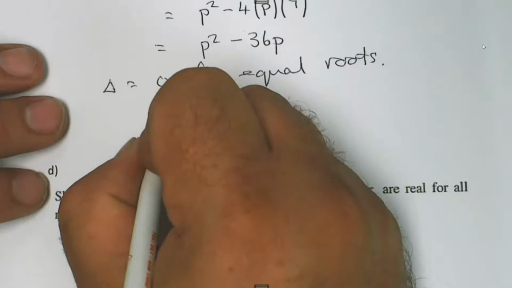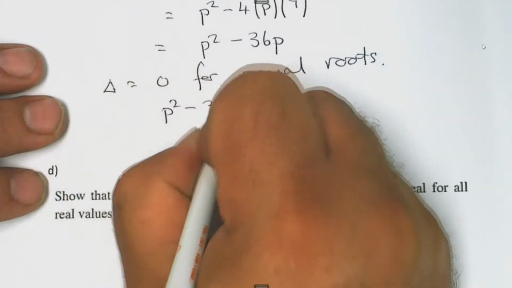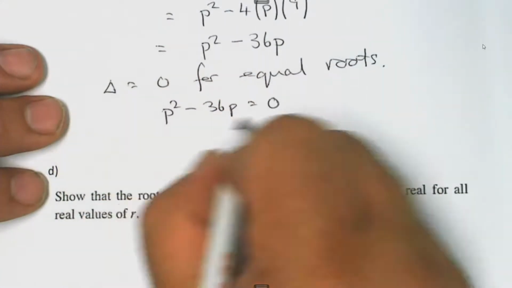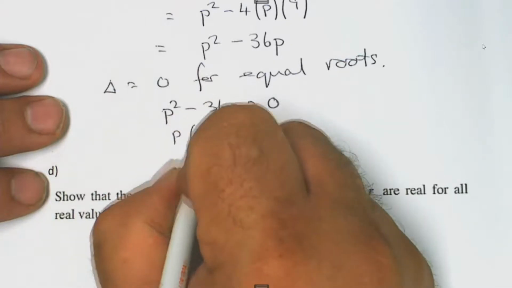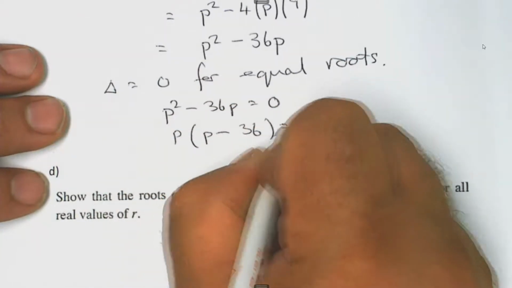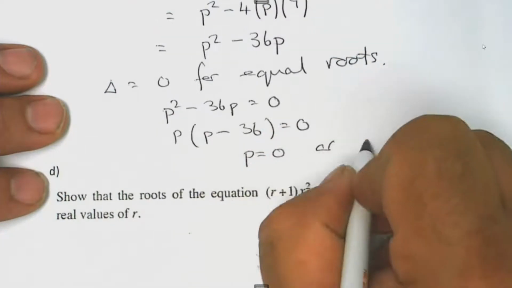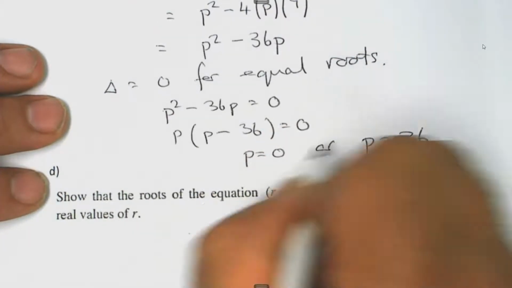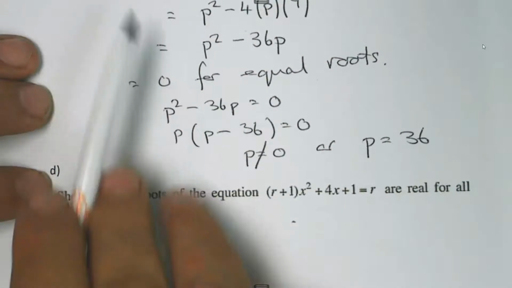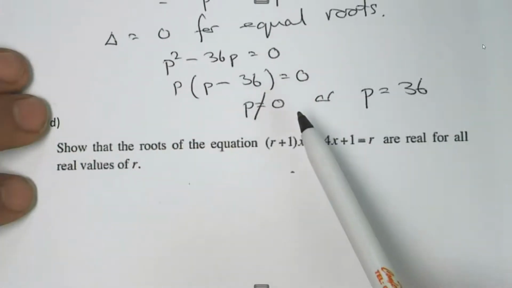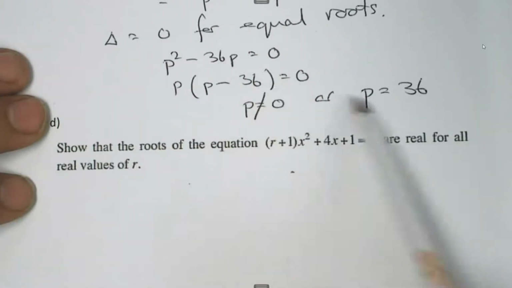Therefore, p squared minus 36p is equal to 0. Now you factorize, take out p: p(p minus 36) is equal to 0. So therefore p is equal to 0 or p is equal to 36. But p cannot equal 0. So in this case, for equal roots, the p value must be 36.